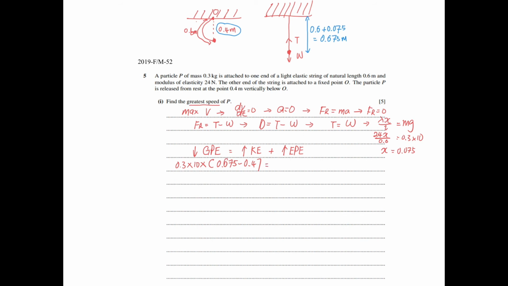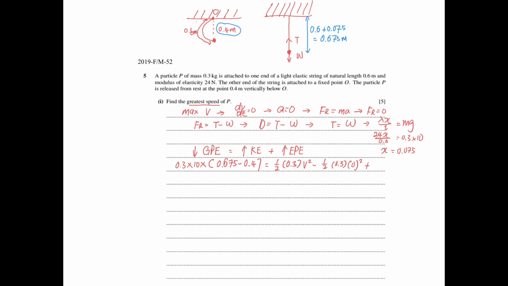And then kinetic energy. Initially it is 0, and finally it is, let's say, V. So 1/2 times 0.3 times V squared, minus initially 1/2 times 0.3 times 0 squared, since initially it is at rest. And then there is elastic potential energy also, which is lambda x squared over 2L.